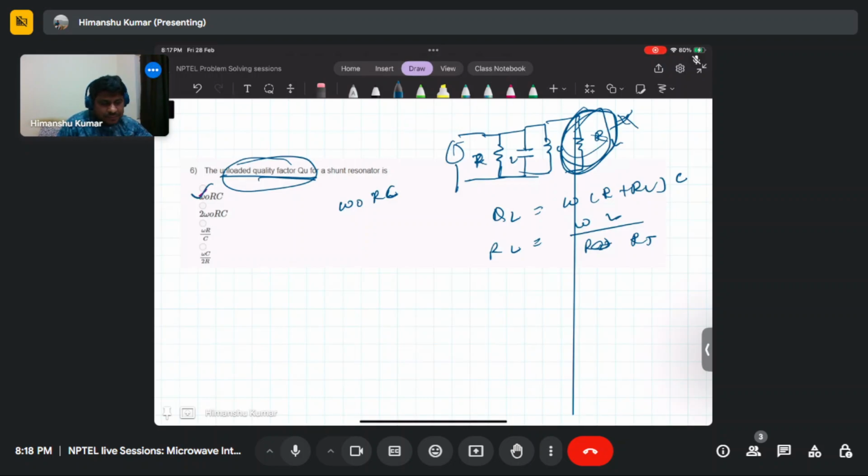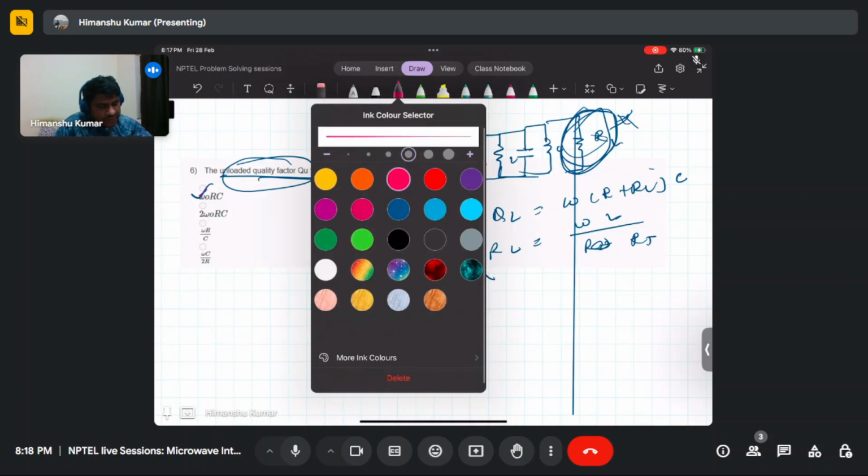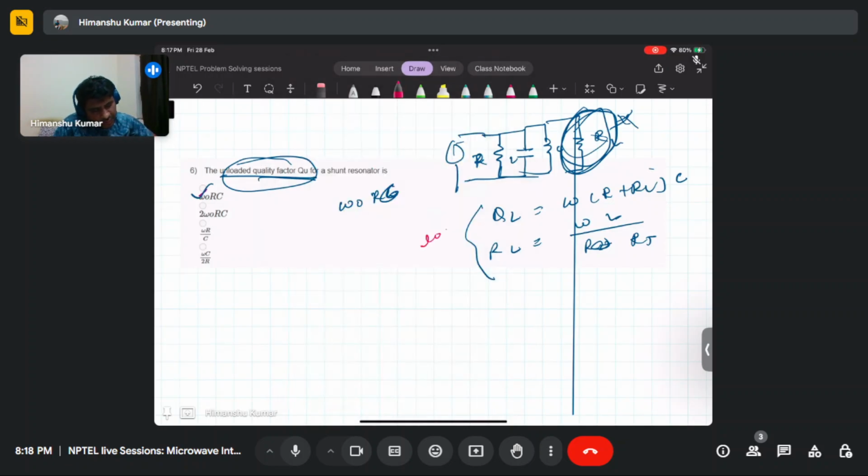R times C. So this is for the loaded case.